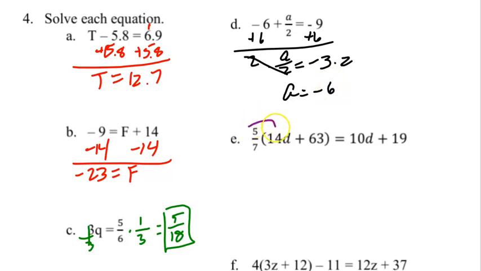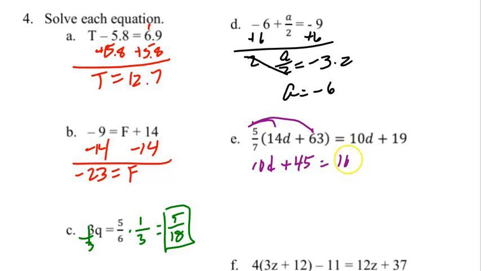Next, here I'm just going to distribute. Here I can distribute, and I can divide 7 from 7 and 14 and 7. That gives me 2. So then I would have 2 times 5d, or 5 times 2d, it's going to give us 10d. And distribute here, 63 divided by 7 is 9, times 5 is 45.